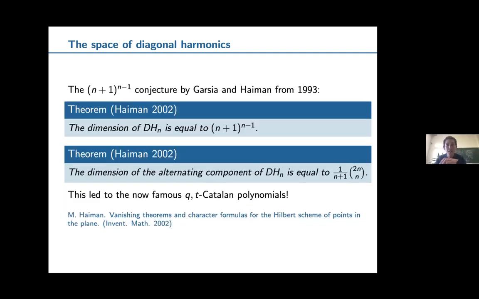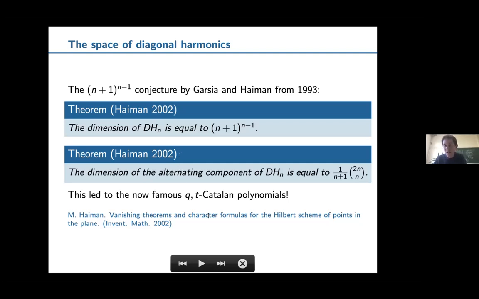Now, Garsia and Haiman started again to make some experiments with these spaces, and they noticed that the dimensions of these spaces are given by really nice numbers. They are given by (n+1) to the n-1. This is a really common number in combinatorics. They count, for example, parking functions. And the dimension of these spaces is equal to this number. This was proved almost 10 years later by Haiman using similar techniques from algebraic geometry.